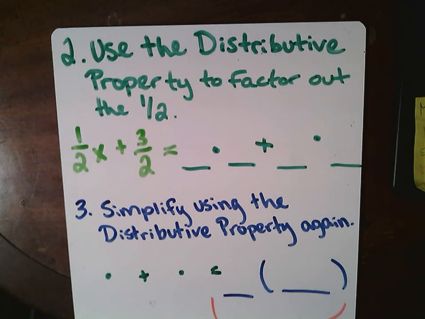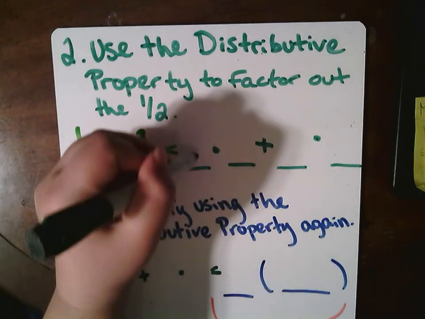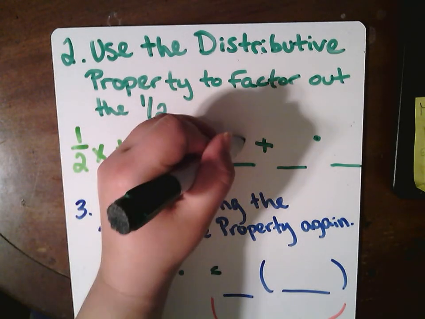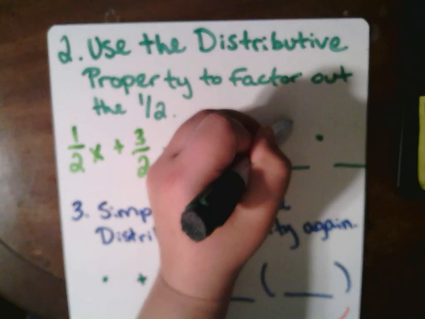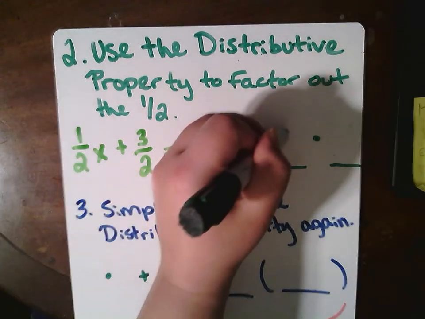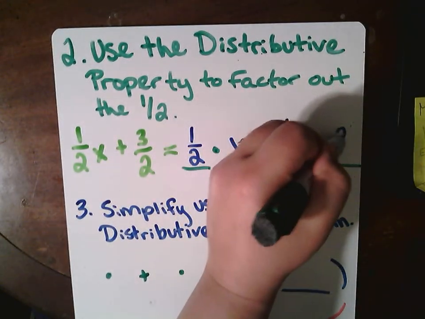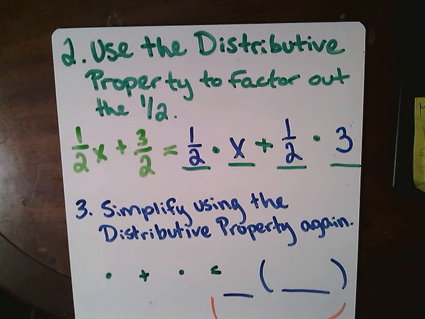Alright, now we're using our handy dandy distributive property to factor out the 1/2. This is step 2. So remember we have the 1/2 x plus 3/2. And we just said that another way we can write that is 1/2 times x plus 1/2 times 3, because we factored out that 1/2 on my other board.